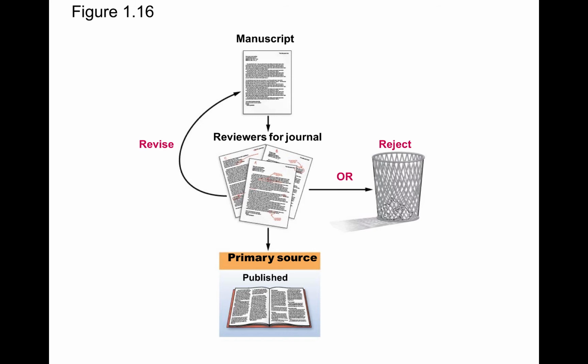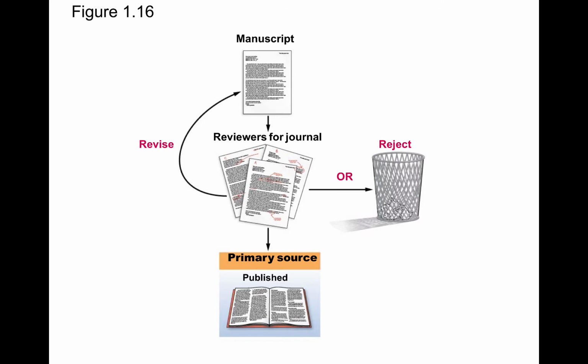A lot of times the manuscript will be sent back to the researchers to revise the article. Maybe they weren't completely explicit in their description of how they ran the experiment in the methods section, so maybe they need to clarify a few things there.